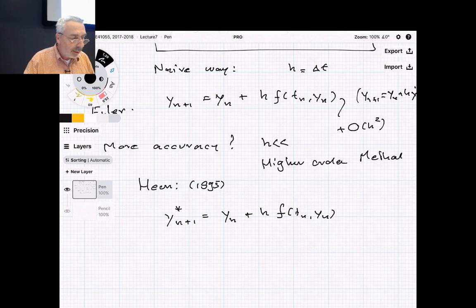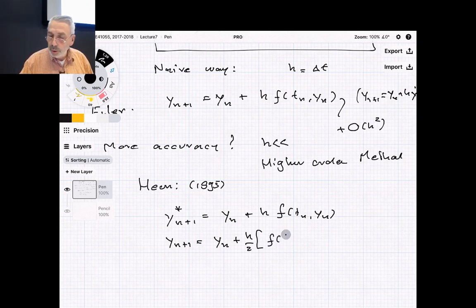And then in the next step I say, y(n+1) is yn plus h over 2 times the average of the derivative at the beginning, which we have already calculated, plus the derivative at the end. And I can do that because I have an estimate: at tn plus h, I have my y star n+1.